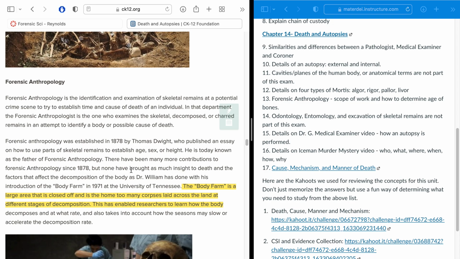Buried underground and poured cement over, like some people do to hide a body in a construction site or under a patio. Dying with your clothes on, dying with your clothes off, and in different types of weather. So they study it like a science experiment, and it's connected to the University of Tennessee.